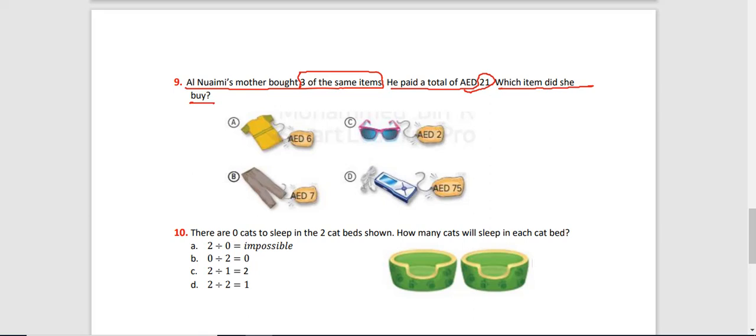So if they are the same item and the total amount of money she paid is 21 and she bought three items, to determine the price of one item is going to be 21 divided by 3, which is 7. So the price of one item is 7. So option B is the correct answer.